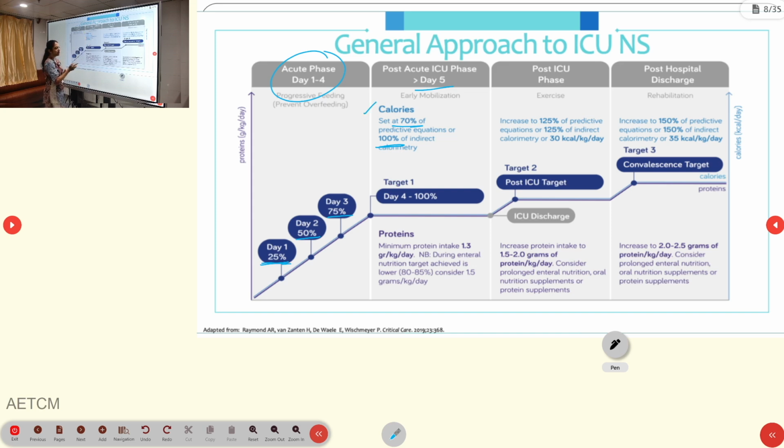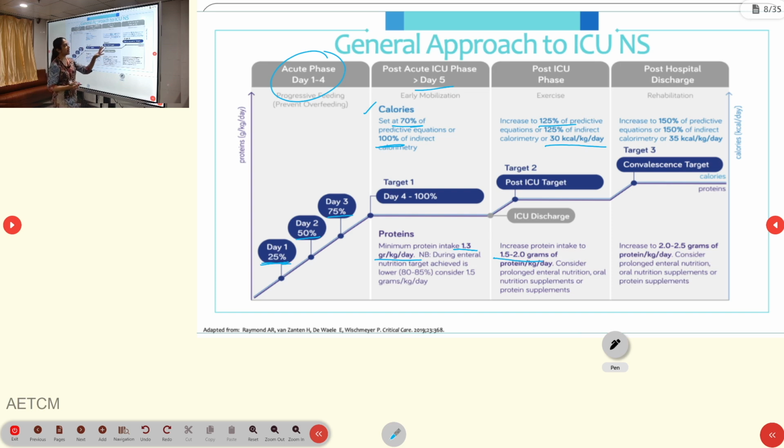And when we are starting proteins, minimum protein will be given initially, so 1.3 gram per kg per day. And in the post ICU phase we will be increasing the patient's requirement. So 125% of the predictive will be given, or we will be increasing the calories to 30 kilocalories per kg per day, and we will be increasing the proteins to 1.5 to 2 grams of protein per kg per day.